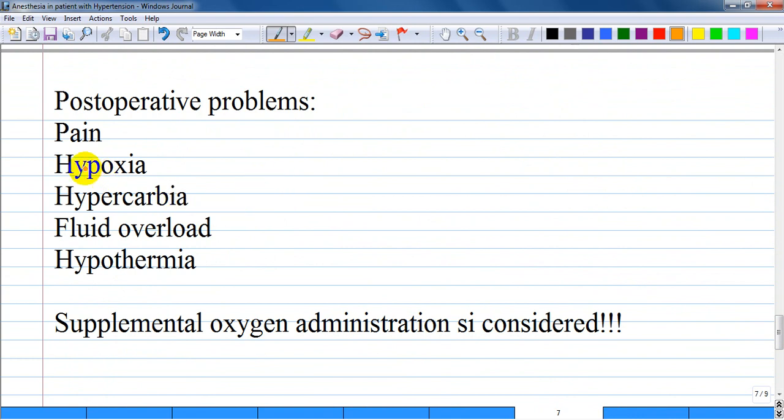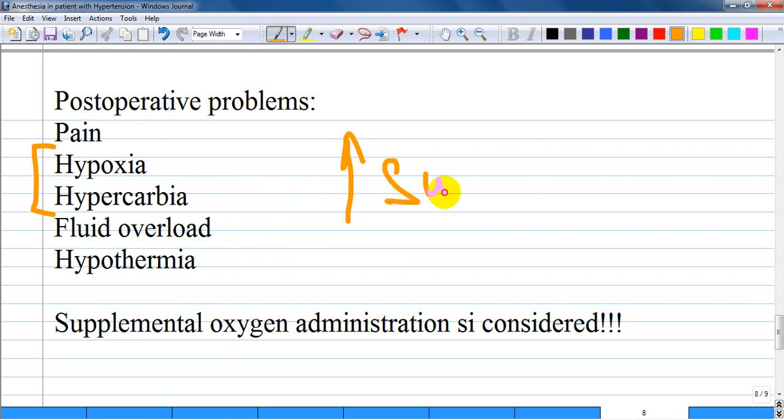What are the problems postoperatively? Of course, pain, hypoxia, hypercarbia. Hypoxia and hypercarbia go together, as do fluid overload and hypothermia. All of them can lead to an increased response of the body, especially increasing sympathetic outflow and increasing blood pressure.